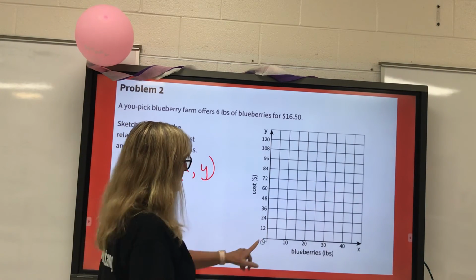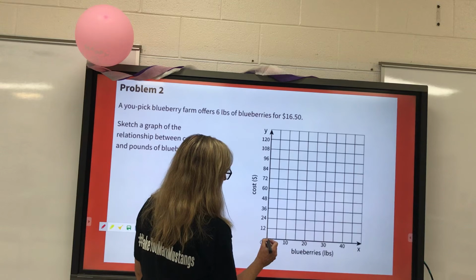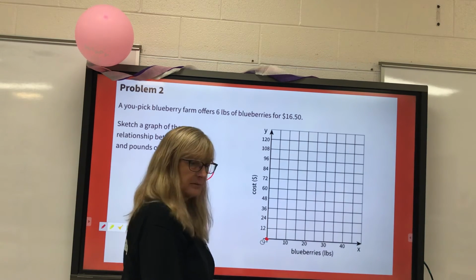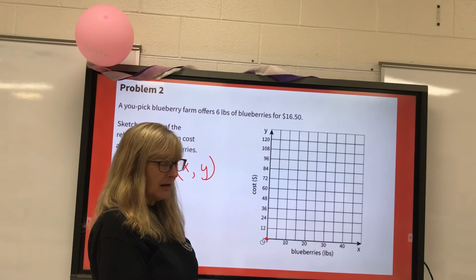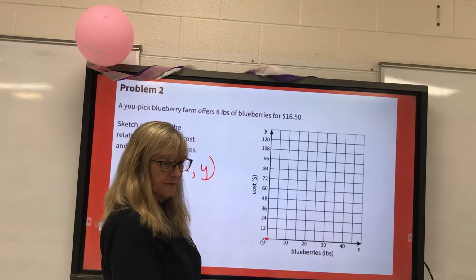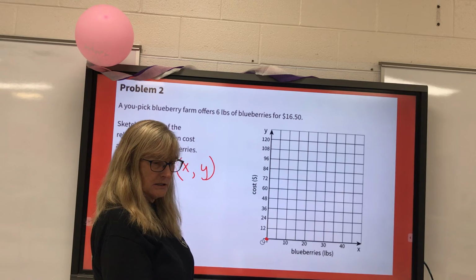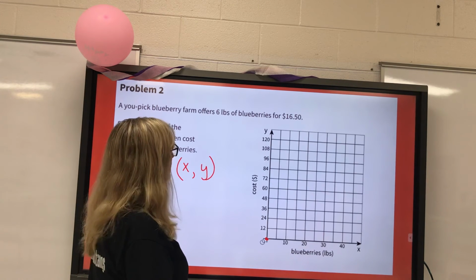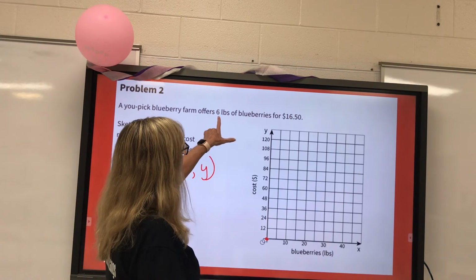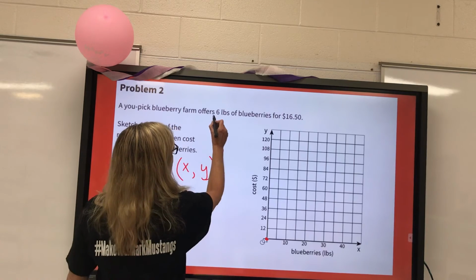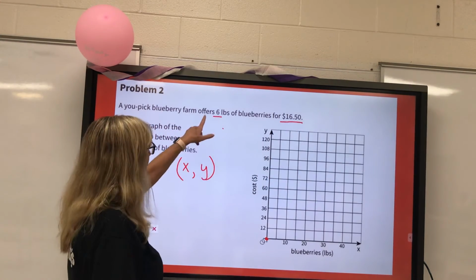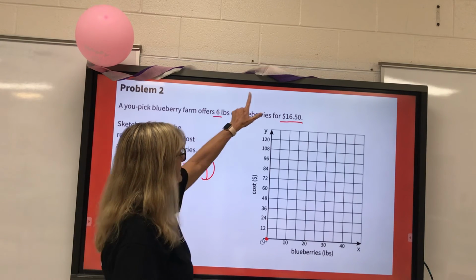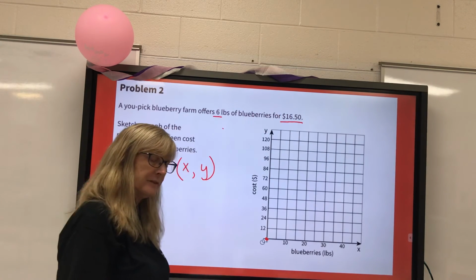Because we know 0 pounds of blueberries is going to cost us $0. So we know that. So how are we going to get an x and a y to graph so we can draw a line? By plotting the 6 and the 16.50 point. Okay, so the 6 and the 16.50. Now we have to decide, is the 6 the x or is the 16.50 the x?